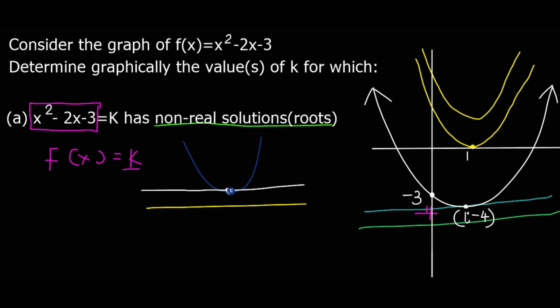So the value of k must be less than minus 4 for non-real solutions. So this is our answer. What is important first is to remember that equal solutions touch at 1 point, and non-real doesn't touch at all. So it is below the line y equals minus 4. So this is our answer.